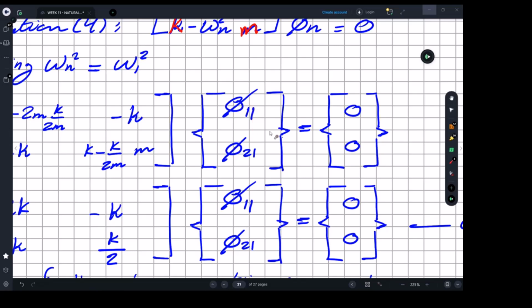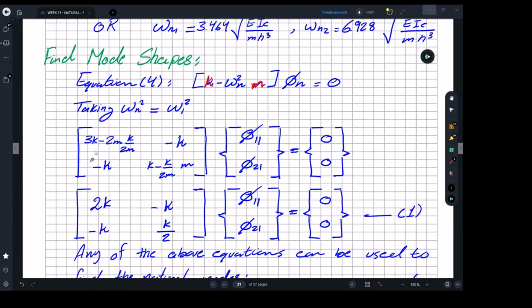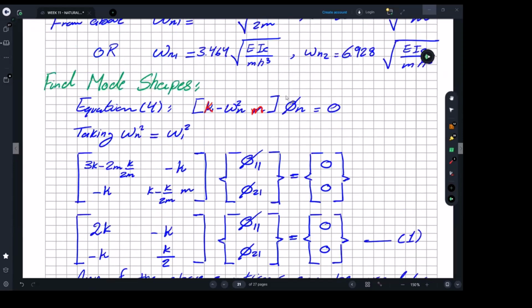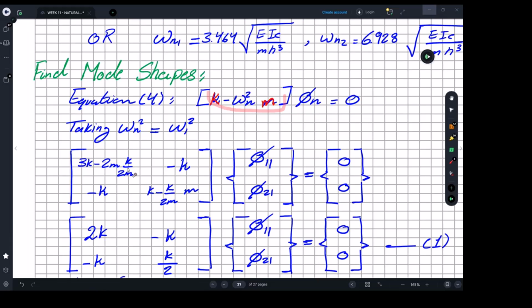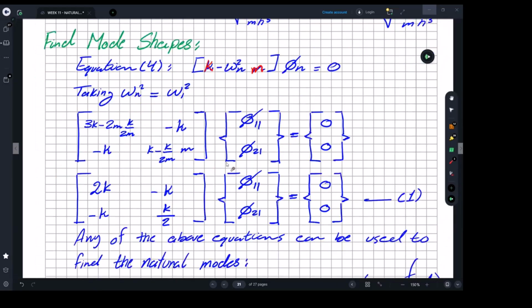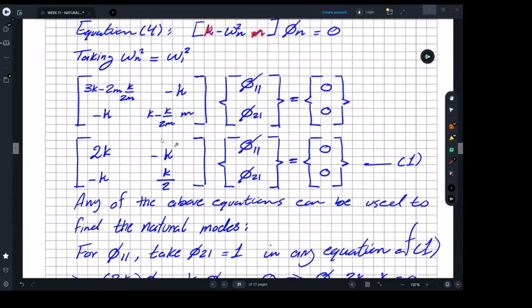We just substitute into this equation and follow this arrangement, and you will end up building these matrices. The omega is also calculated.